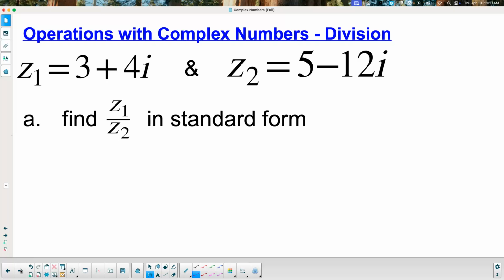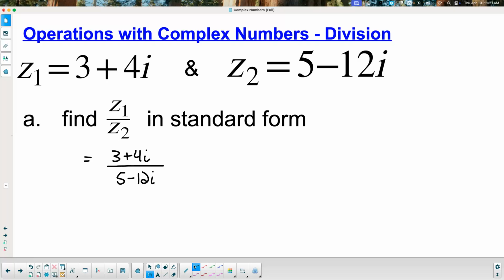Let's do it. We're still in Z1 and Z2. Okay? So now we want to divide. So this would be 3 plus 4i divided by 5 minus 12i. Do I like that fraction as it's written? No, because it's got an i downstairs, right?